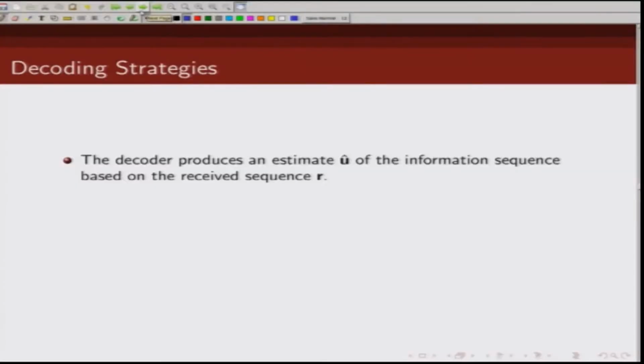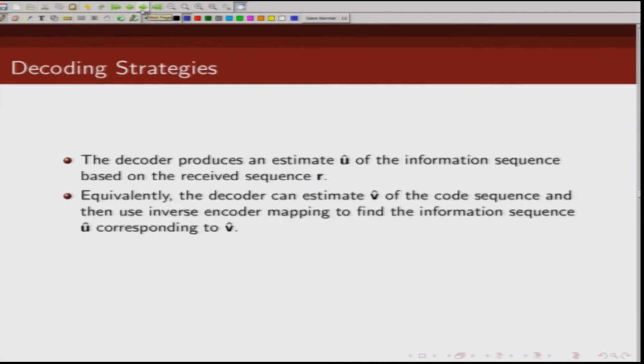So, the decoder produces an estimate of the information sequence based on what it has received, the demodulated output R. Now, we can say this estimation of the information sequence is equivalent to estimating the code sequence, because there is a one-to-one mapping from a particular code word to the information sequence.